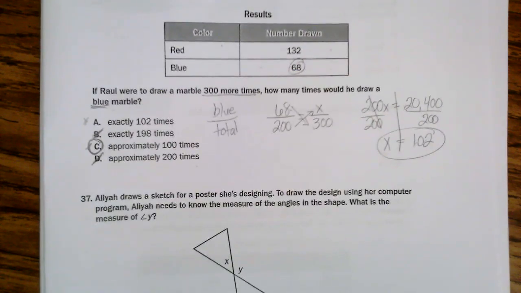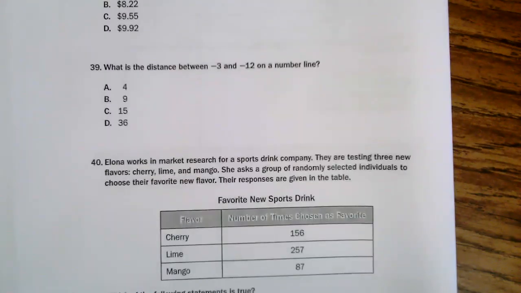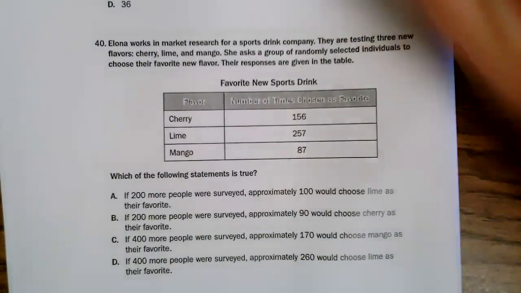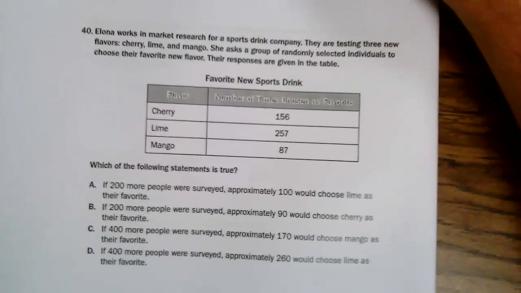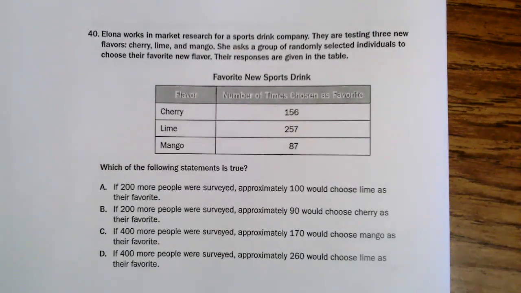Okay, our next one is number 40. Okay, number 40 says Alona works in market research for a sports drink company. They are testing 3 new flavors, cherry, lime, and mango.